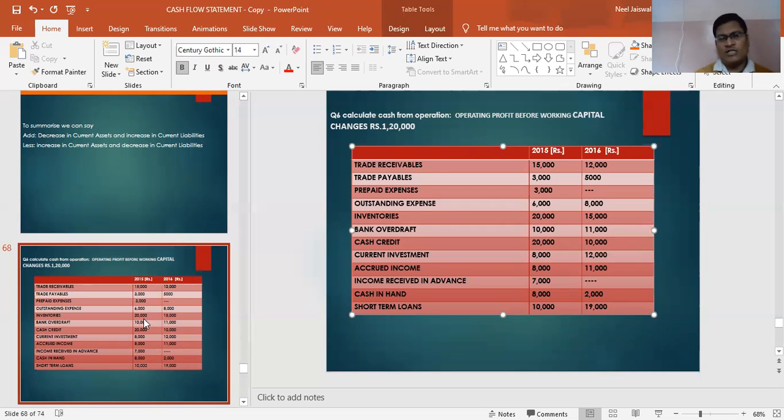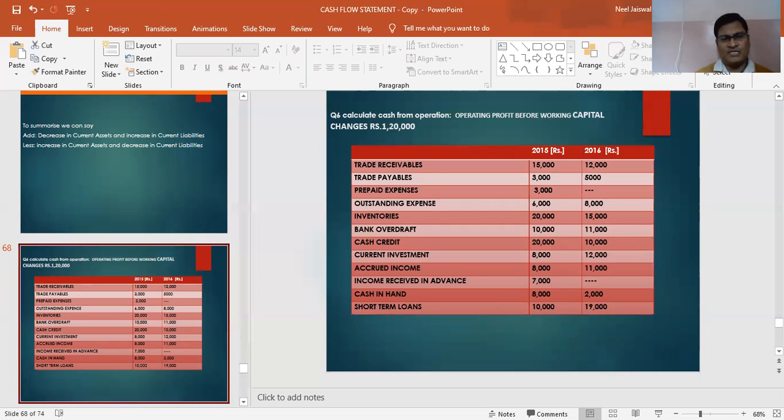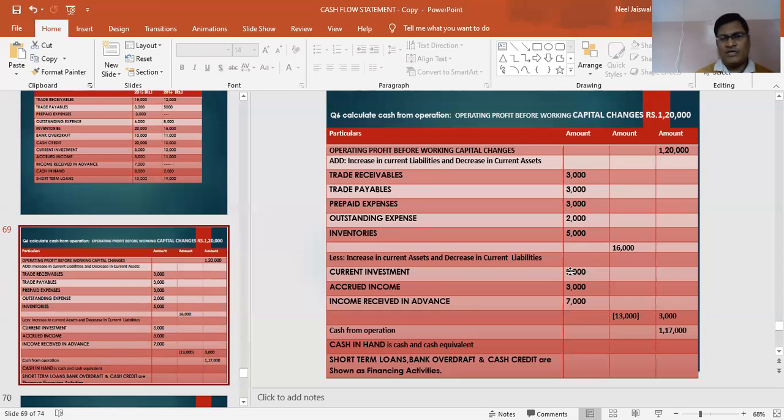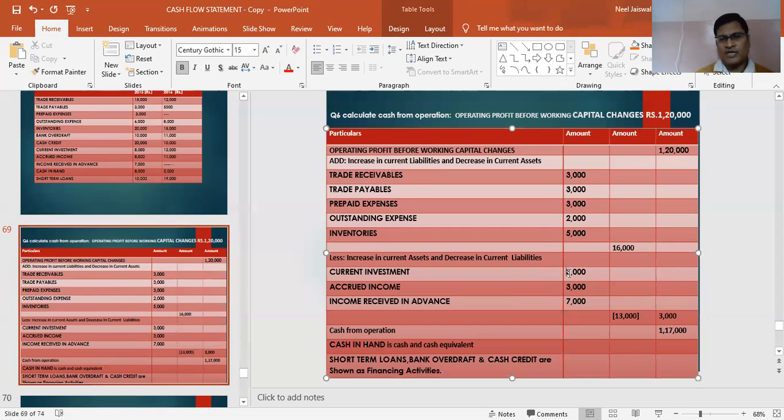So we will do subtraction of current investment. This will be 4,000. Accrued income is 3,000 and we need to subtract that, because accrued income is also increasing. It is an asset increase.